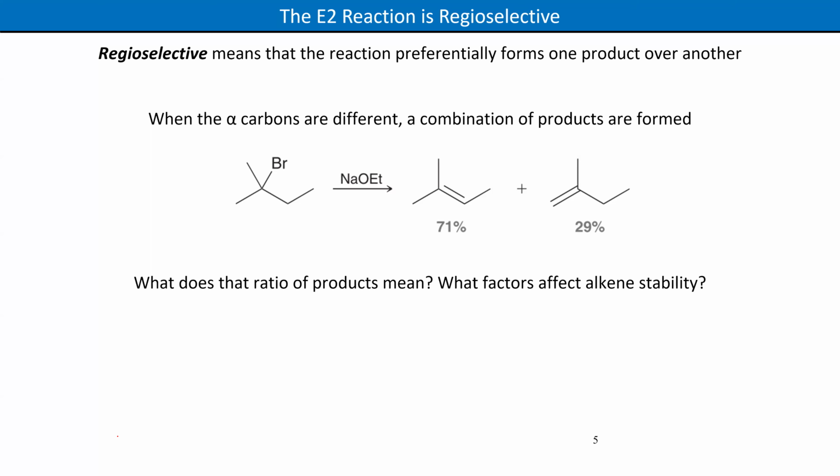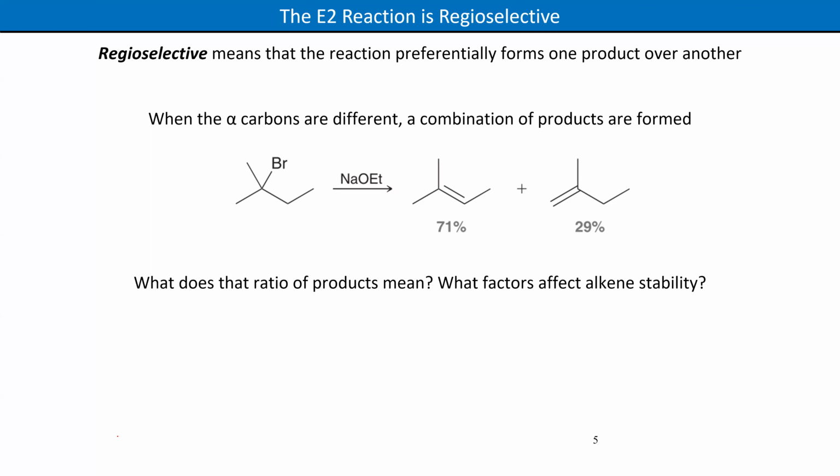Right, because regardless of if it's E1 or E2, pulling hydrogens off of carbon 1 versus carbon 3 is going to give us these two different products. Now there's two that are equal here. So if it was just based purely on probability, we would expect to see the second isomer more.